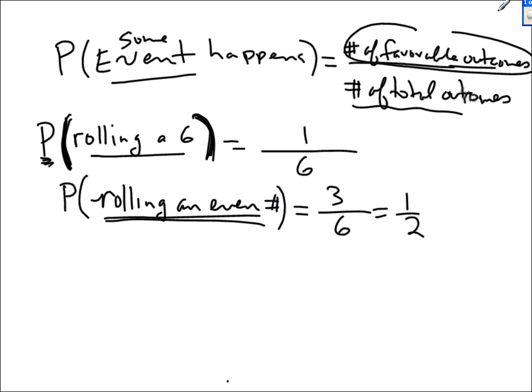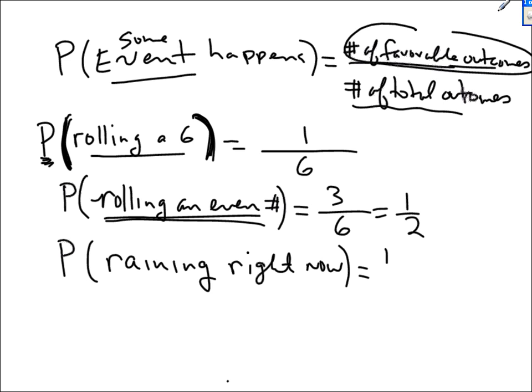Now, someone may say, well, the probability that it is raining right now where you live is 1/2, because the bottom should be 2, because there are only 2 outcomes. Either it's raining or it's not raining. Hence the 2 in the bottom. What about the numerator?